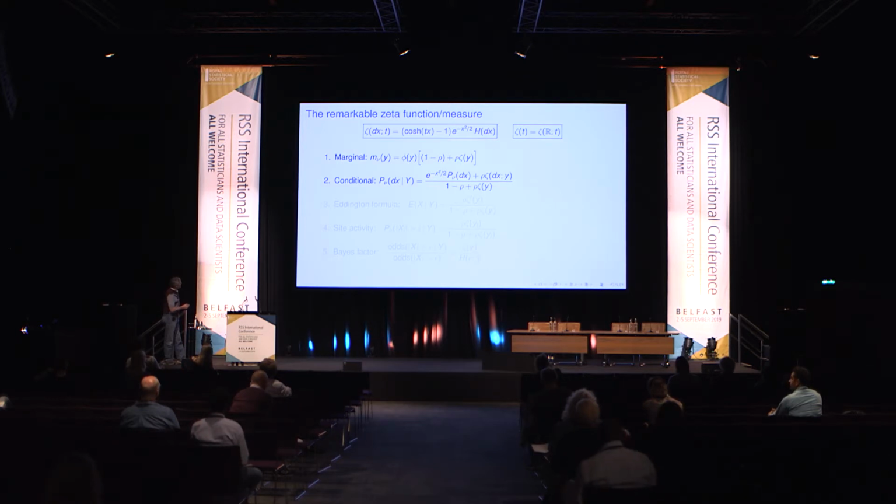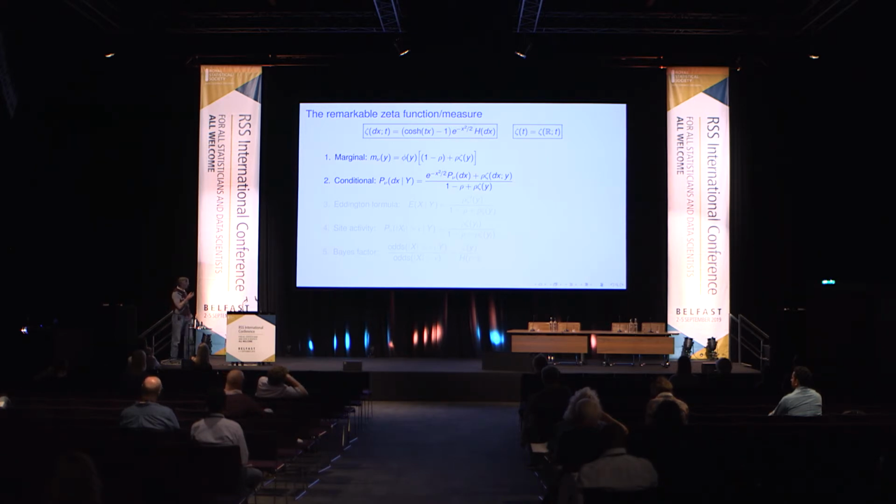So the zeta function automatically arises there. And so there's a zeta function and the zeta measure. So this is the zeta measure, and the total mass is the zeta function. So if I divide one by the other, I get a probability distribution. But the zeta function is what occurs here.